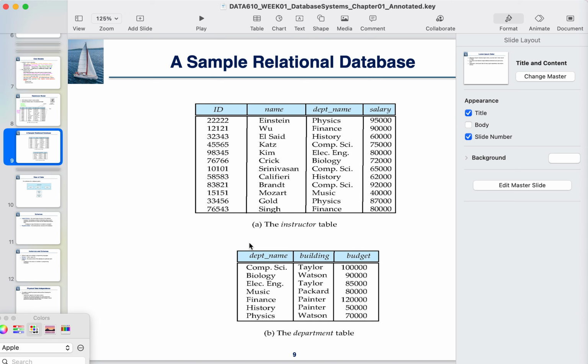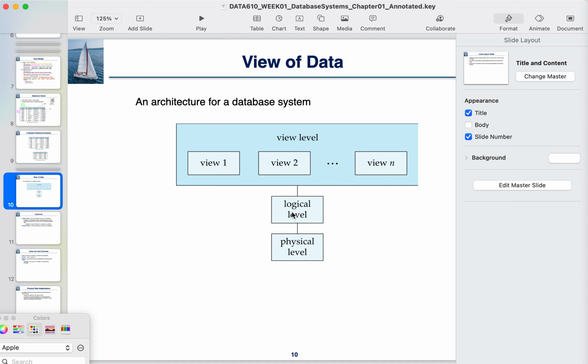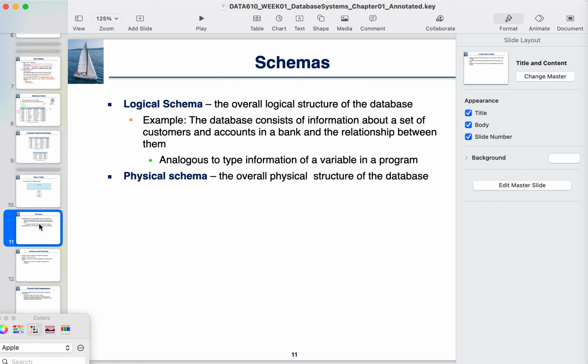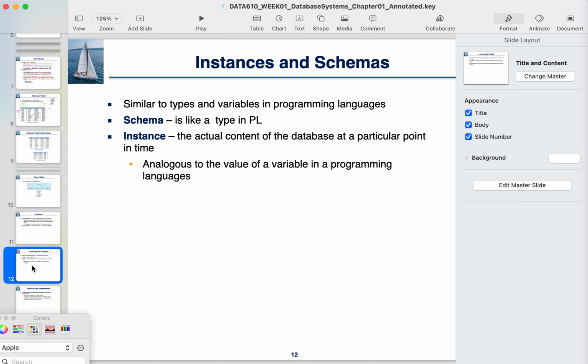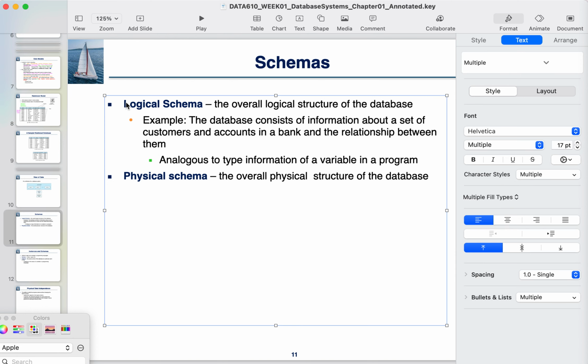These two are linked through the department name. So that's called the logical level. And then the views can be created. That's also called a schema. The tables that the database creates, and the primary keys or the keys that are used to link those tables, make the logical schema of the database.